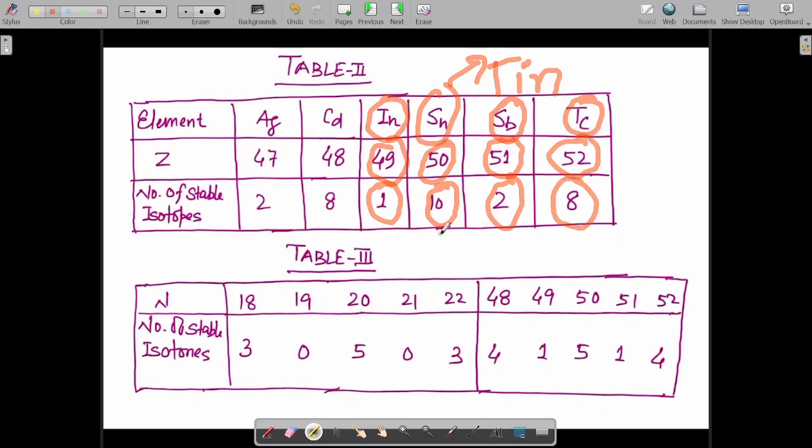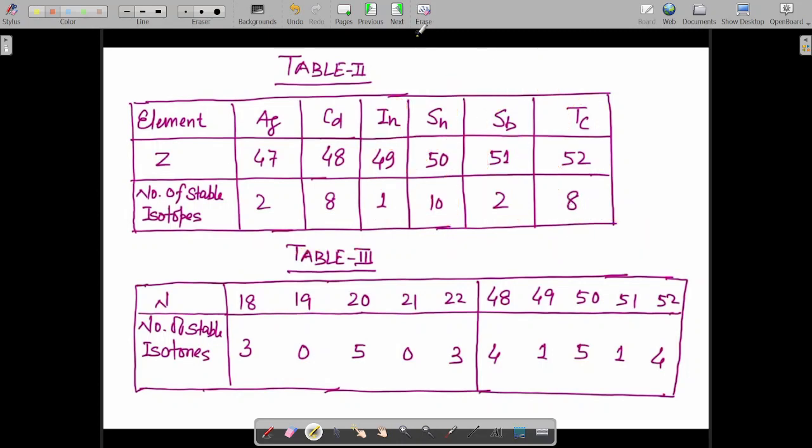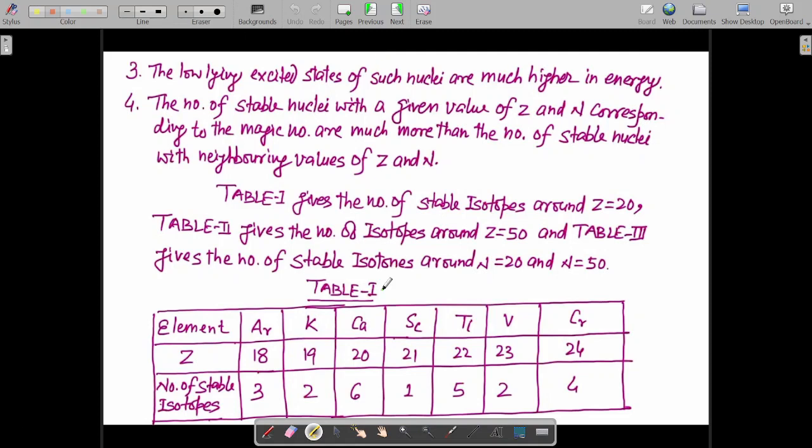None of the neighbors has 10 stable isotopes. Now these are the cases when the proton number was a magic number, in table 2 and table 1. So that's why we talked about isotopes.